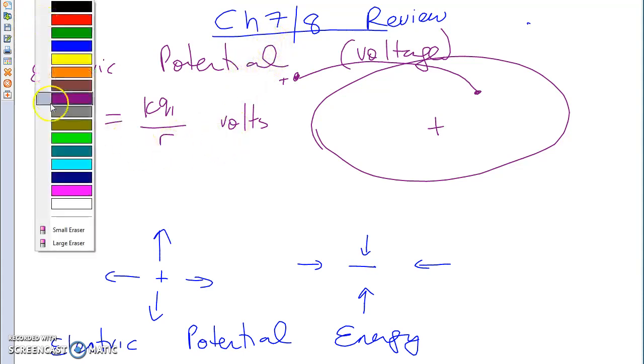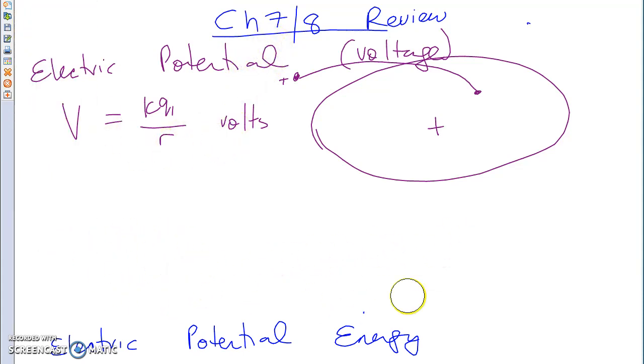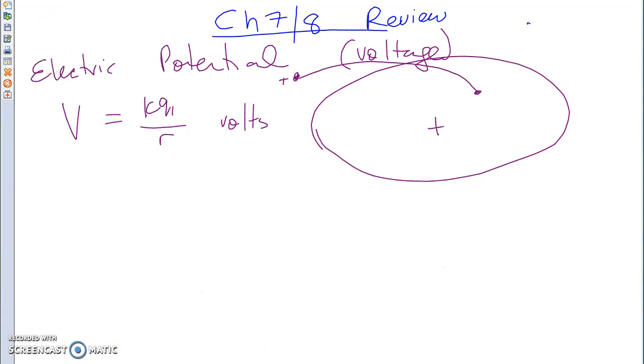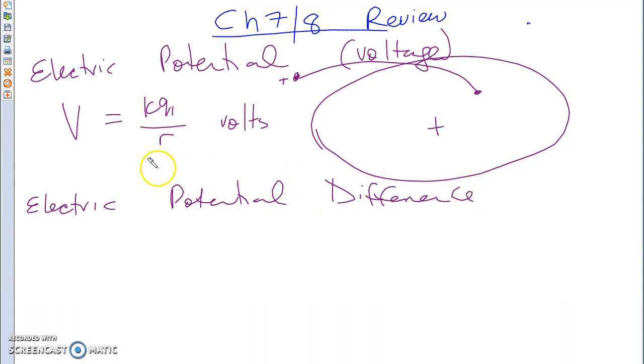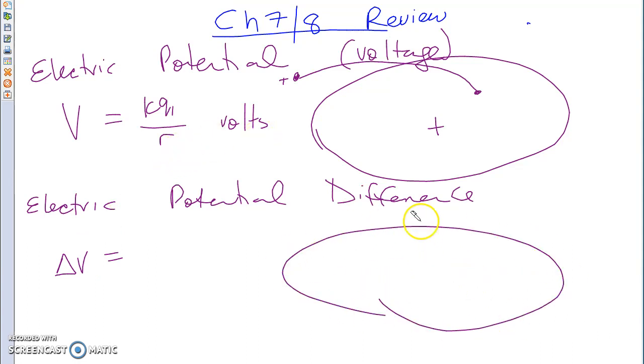Okay. We also talked about electric potential difference. And electric potential difference, okay, again, this is delta V. Okay, and the best way to look at it would be I have a charge with an electric field. I'm taking a charge and moving from one point in the field to another point in the field. Okay, and delta V is epsilon times R, for example.